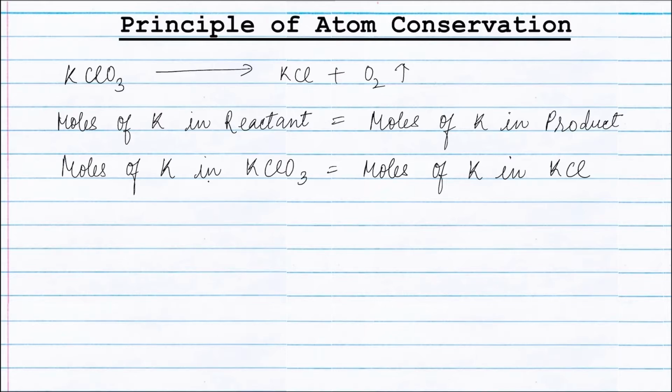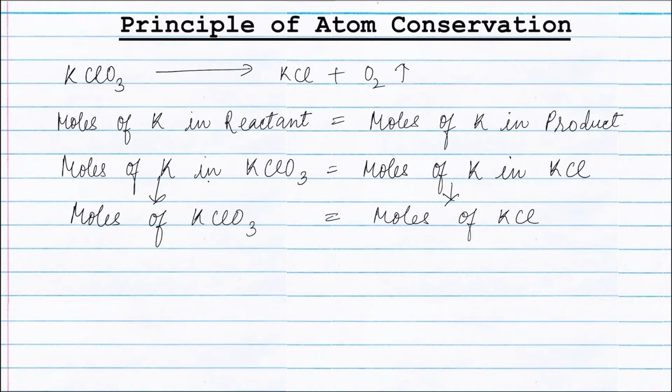Therefore, moles of potassium in KClO3 will be equal to moles of KClO3, and moles of potassium in KCl will be equal to moles of KCl.